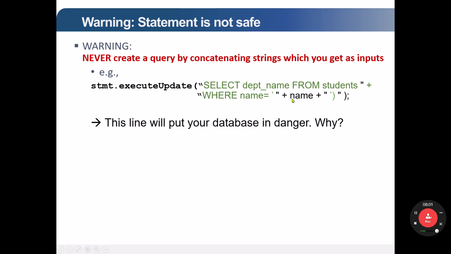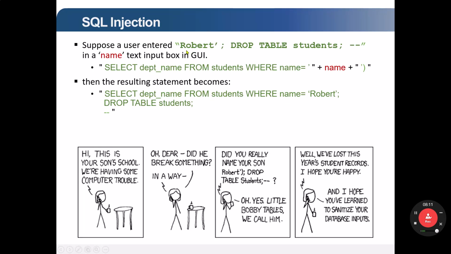And a malicious user, a hacker, may want to mess up your database, and he may write something like this: Robert, single quote, semicolon, and drop table, and the table name. Then this string will be appended to the select statement, and that statement is going to be changed to the following statement.